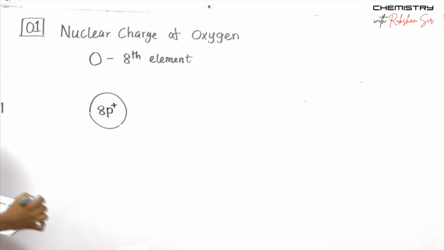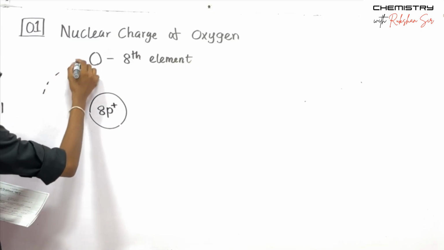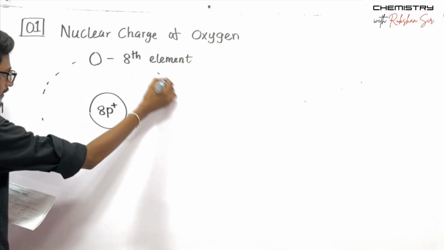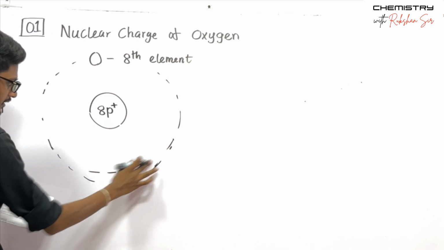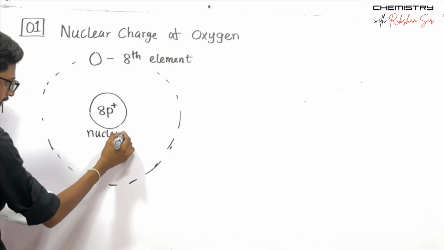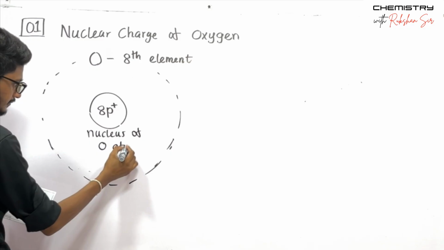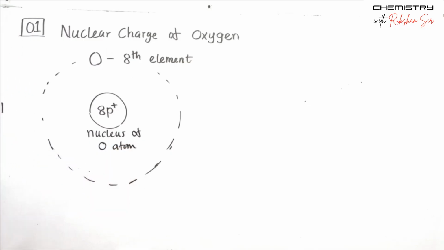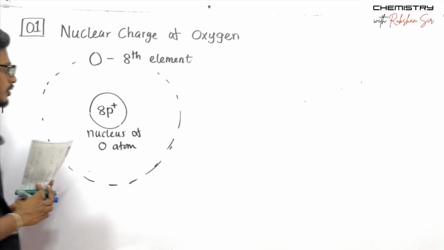This is the nucleus of the oxygen atom. 8 protons, and normally in oxygen-16, 8 neutrons are also there.